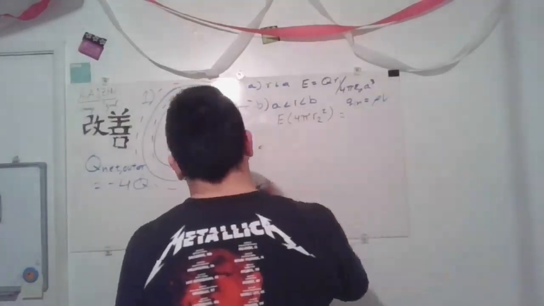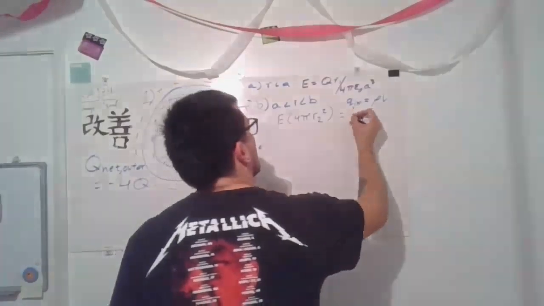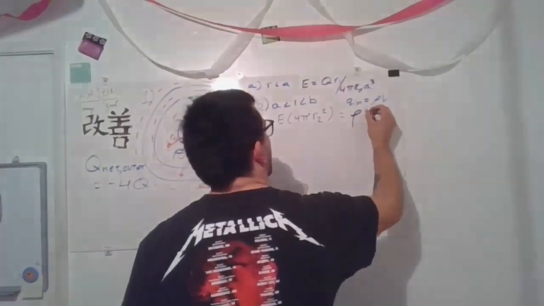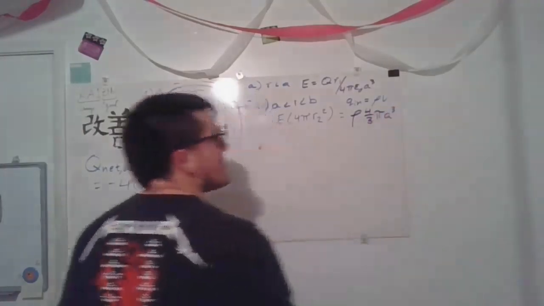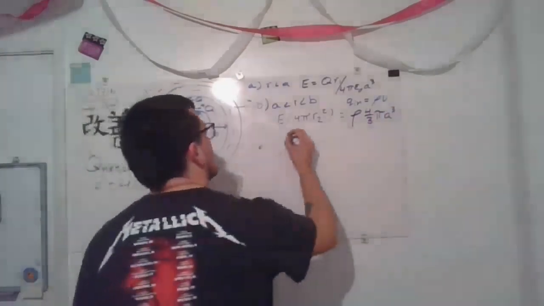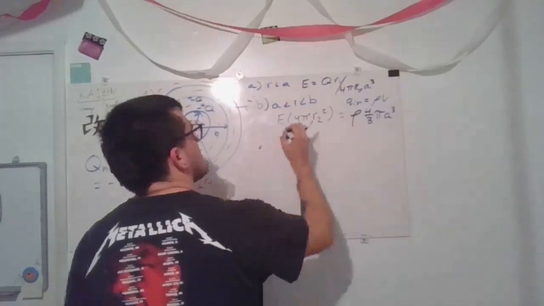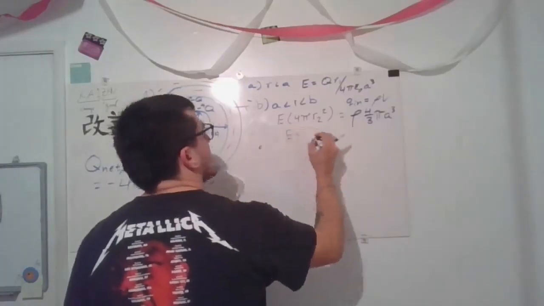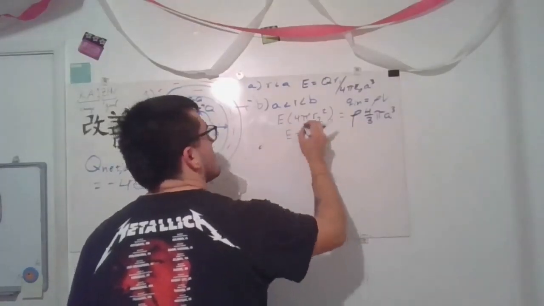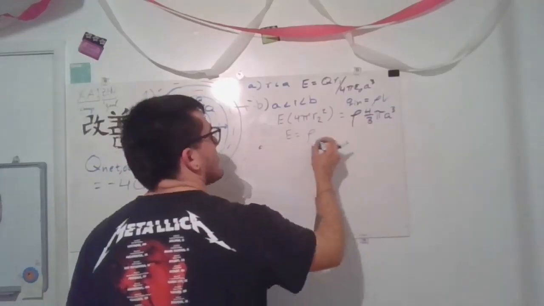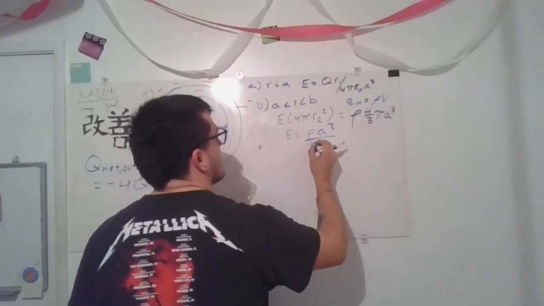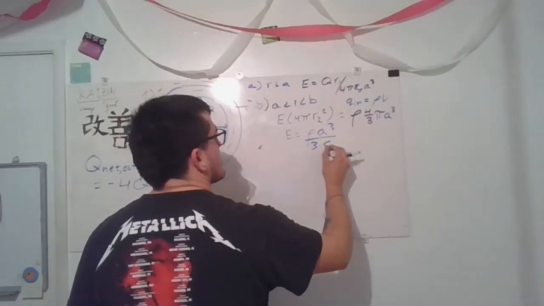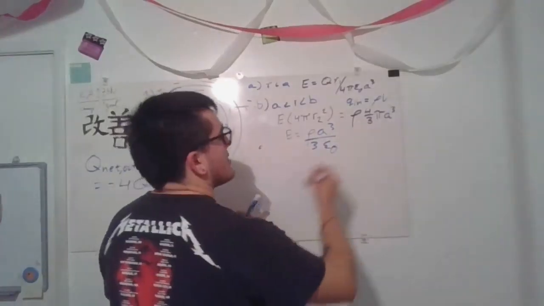So now go ahead and write that. Rho and 4/3 pi A cubed, right? And then now, last step, it's going to be rho, the 4 pi will cancel, and you'll have A cubed over 3 epsilon naught, right? I forgot the epsilon.